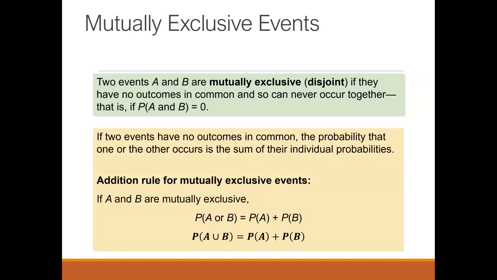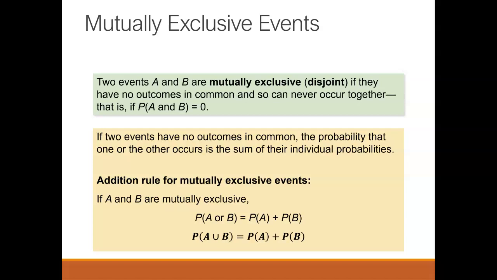If two events have no outcomes in common, the probability that one or the other occurs is the sum of their individual probabilities. So the probability of A or B is just going to be the probability of A plus the probability of B. So for example, if I asked, what are the odds of rolling one die and getting a 3 or a 5, are those mutually exclusive?